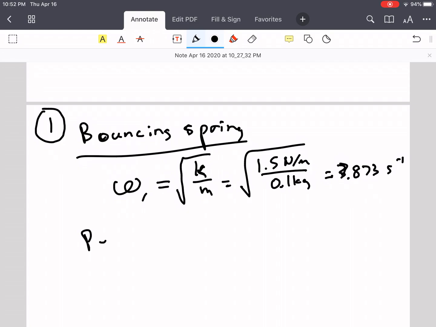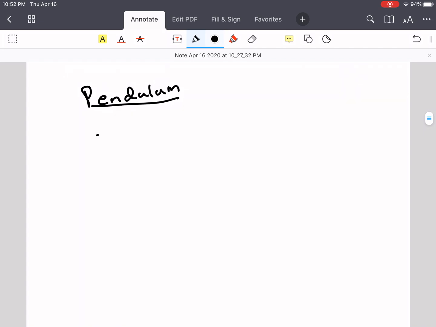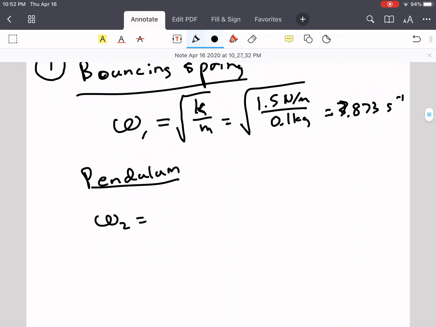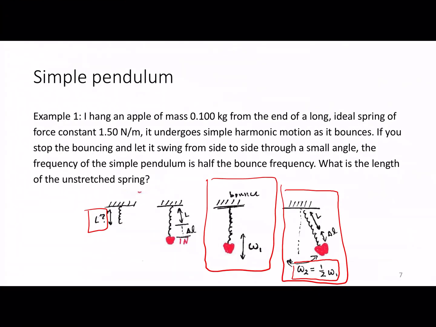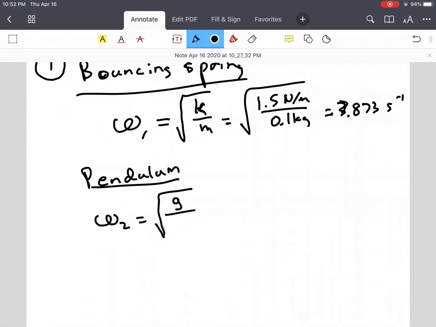How about that simple pendulum? So for the simple pendulum, the omega, which we've labeled omega 2 in the previous figure, is the square root of g over L. Now here you should be a little bit careful for this particular problem. L is the length of the pendulum, which I will label L_str for stretched.